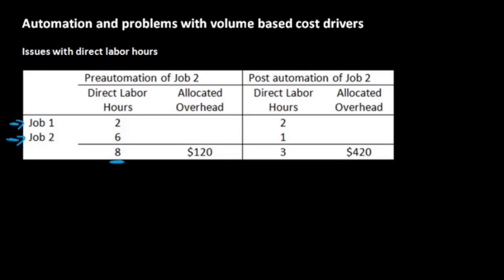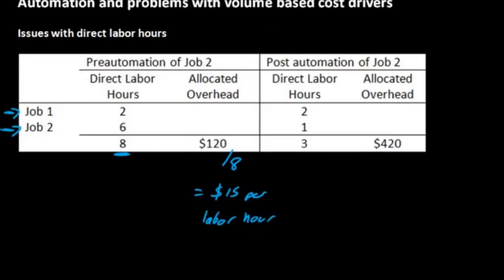So in total we have 8 direct labor hours, and we need to allocate this $120 of overhead. If we allocate based on direct labor hours, we just divide the 120 by 8, and we'd allocate $15 per labor hour. So for job 1, we'd allocate 2 times 15, or $30. And for job 2, we'd allocate 6 times 15, or $90. So that's how we will allocate the 120.